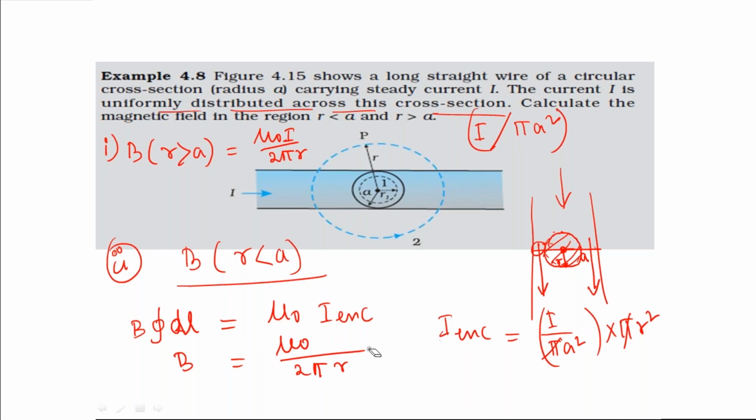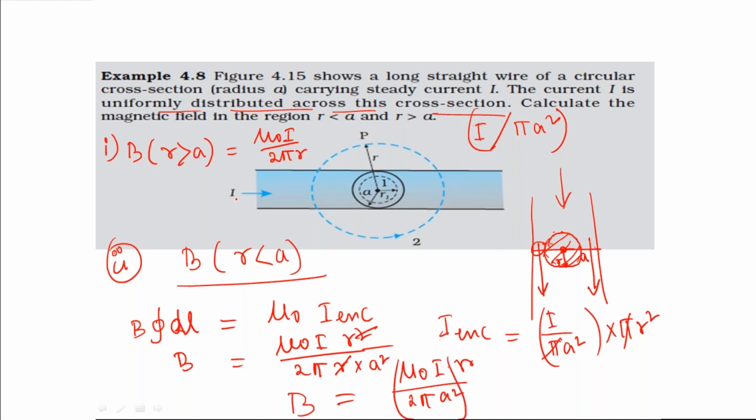So what we have got here now, see, this is mu naught I into r square divided by a square. Okay, so one r will go off, and then what you get is B equals mu naught I by 2 pi, into r by a square.